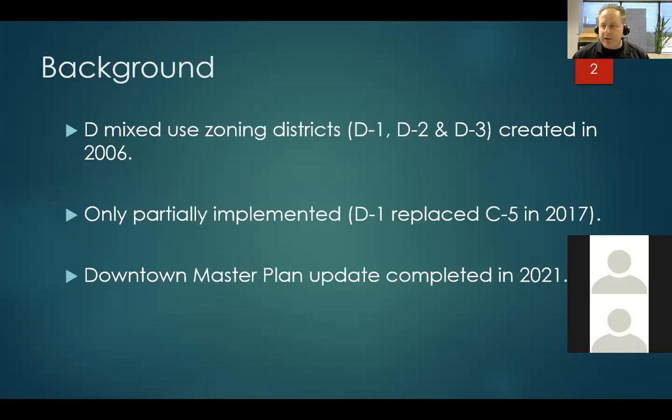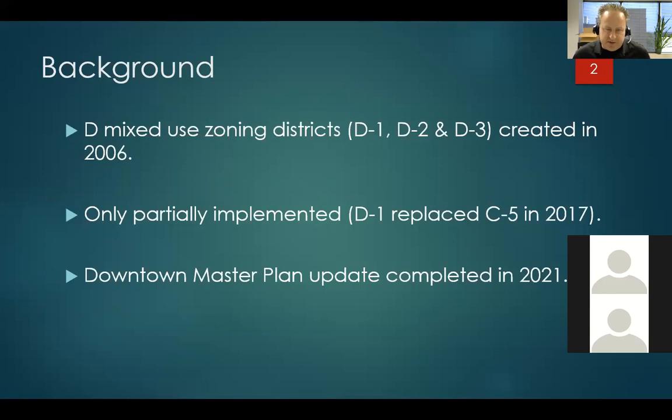So first, a little background. The D mixed use zoning districts, which are D1, D2, and D3, were created in 2006. The city went through a development code update that ultimately didn't get adopted, but these districts were created. They've only been partially implemented to date.